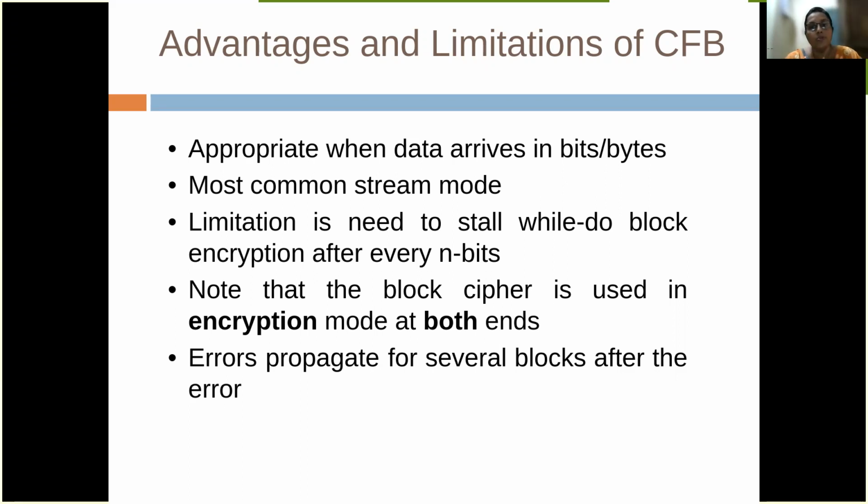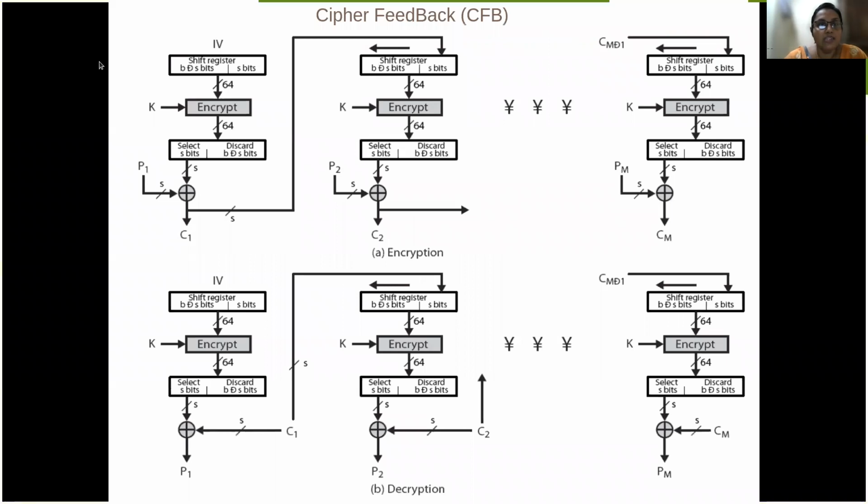Unless we get all those bits, we will not be able to send it forward and give the feedback. Note that the block cipher is used in encryption mode at both ends. So you see DES is used in encryption mode in both cases.